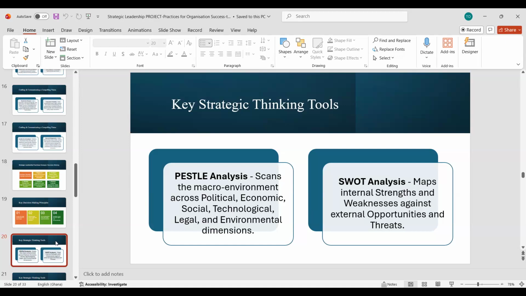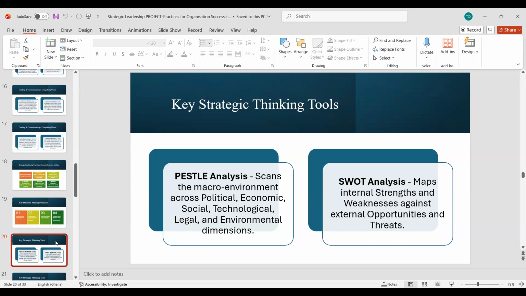Another one that is similar is the SWOT analysis, where I'm looking at internal analysis and then external. What are my strengths? I have enough number of people. I have competent people. However, the weakness is my infrastructure is not well in place. But then there are a lot of opportunities out there. So I would want to capitalize on my strengths and manage my weaknesses and also manage the threats out there.